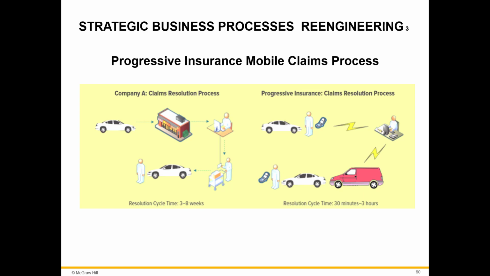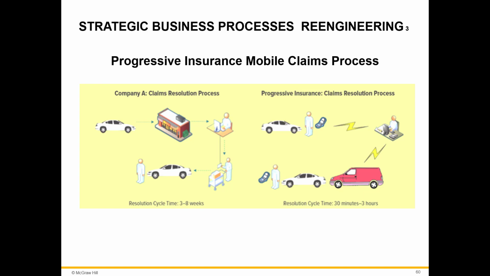The standard claim process at insurance companies is shown in the left-hand picture. The customer gets into an accident, has the car towed, and finds a ride home. The customer then calls the insurance company to start the claim process, which includes evaluation of damage, assignment of fault, and estimate of the cost of repairs.